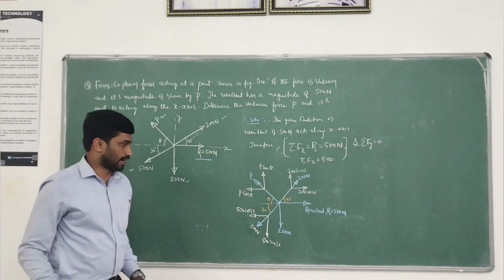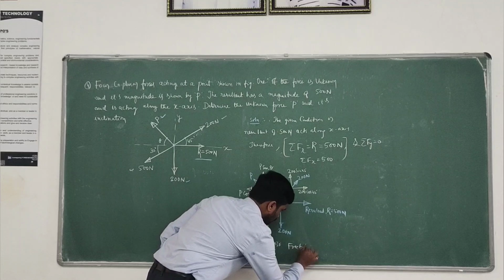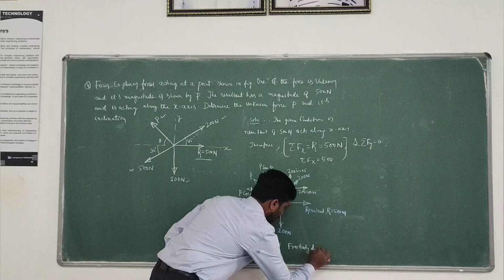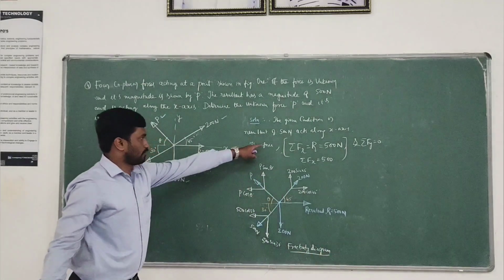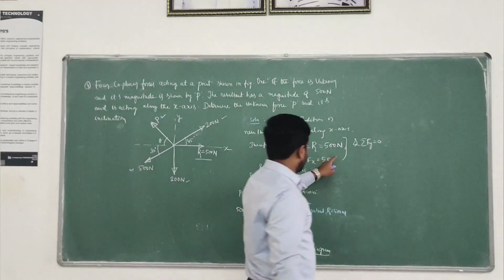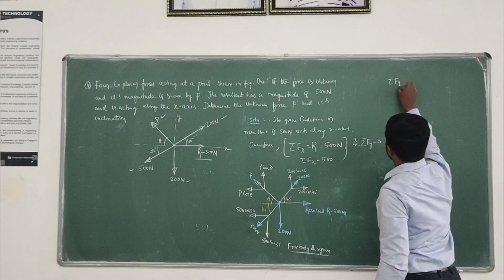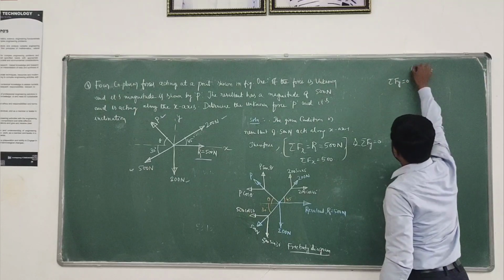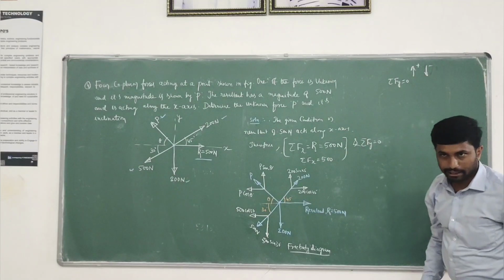Once we write this free body diagram, next, if we apply the conditions, we get the solution. First, apply sigma Fy equals 0. For this, all vertical forces upward are positive and downward are negative.